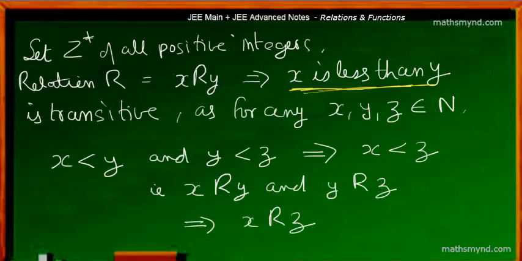Take Z plus, which is the set of all positive integers, and you are looking at a relation x R y, and as underlined in the yellow line, the key property is x is less than y. That is, the element x should be less than y, and not that we have taken the elements x, y, z.